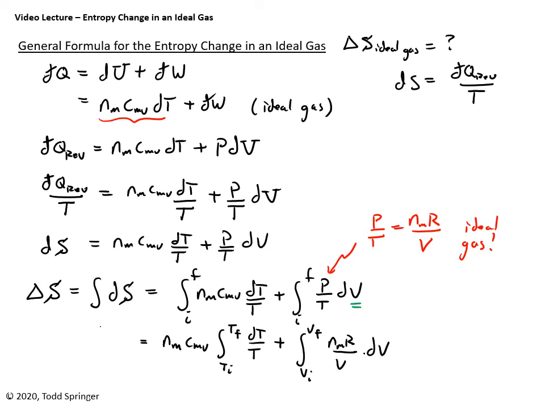And notice what happened to that second integral. Now this is a constant which I can pull outside, and then I've got dV over V, which I know how to integrate. And in the first integral, I've got dT over T, which I know how to integrate.